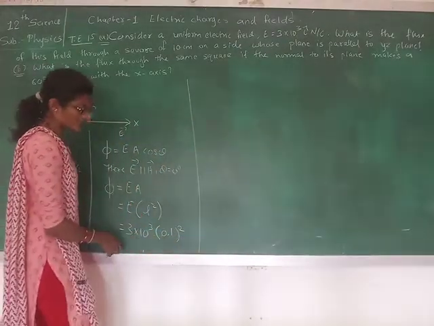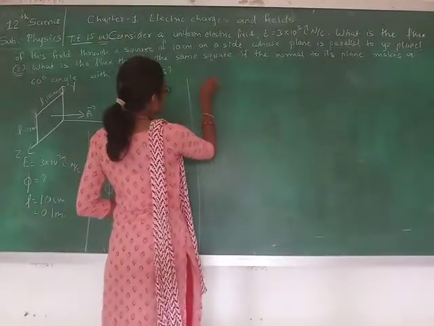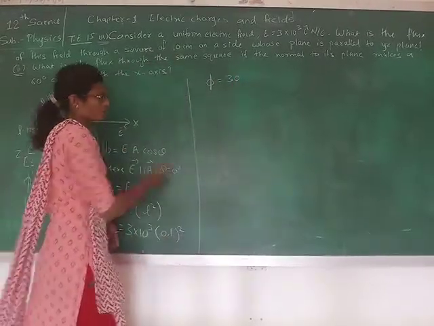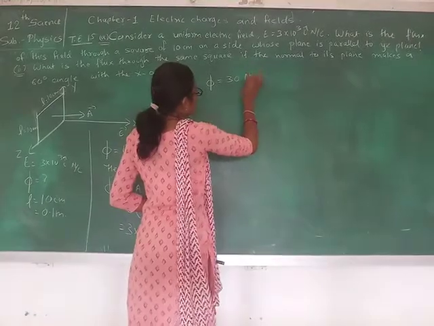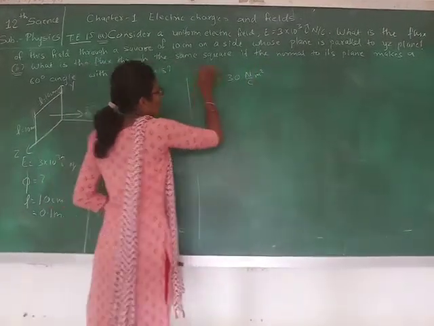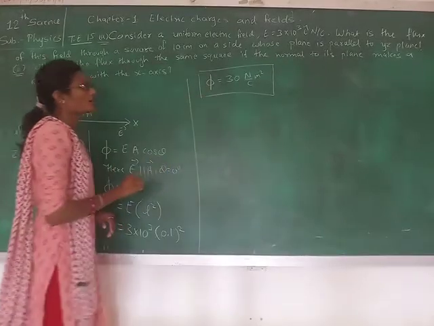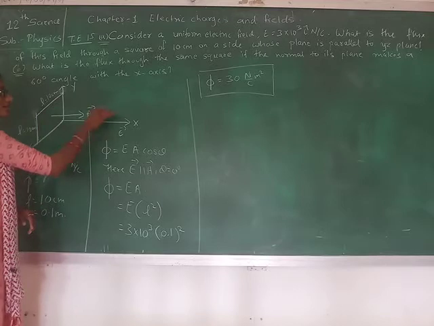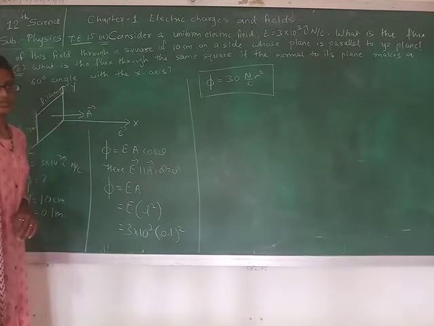When you calculate this, we get the value as 30. Because it is flux, its unit is Newton per coulomb meter square. So this is the flux through this square surface whose area vector is along the x-axis.